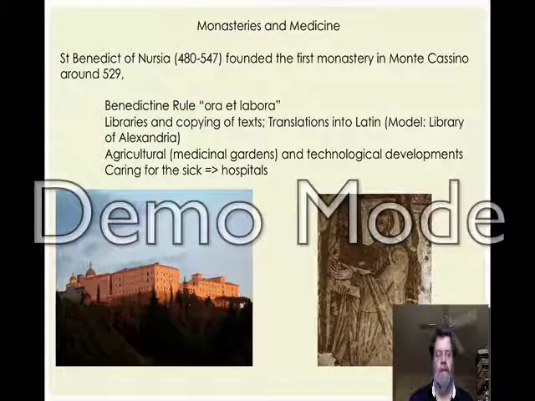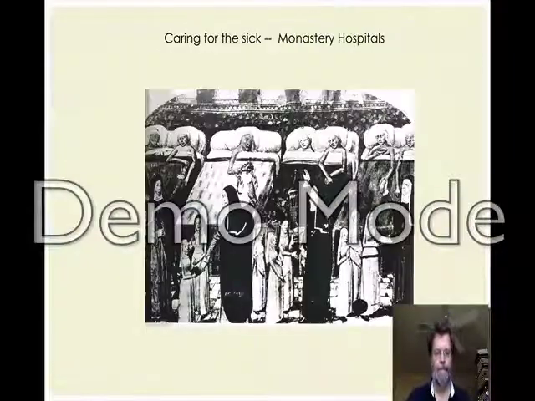So what we see here is basically a gradual emergence of a symbiosis of knowledge, hospitals, as well as what we would call the pharmaceutical industry, in this case in the form of agricultural medical gardens. There's a big problem with the hospitals that had to do with the inadvertent consequences of Christian compassion.